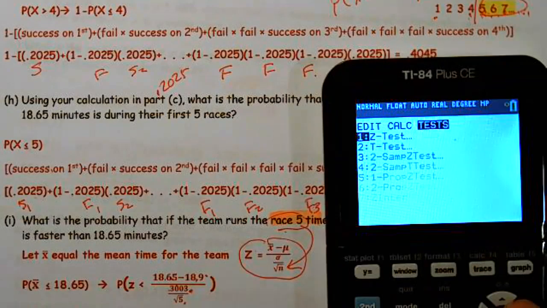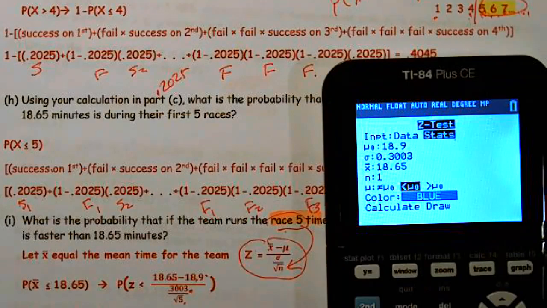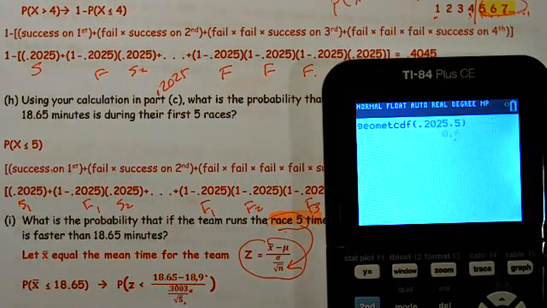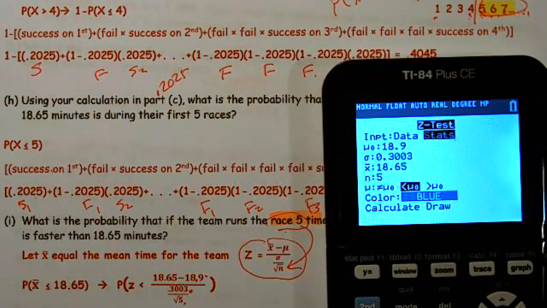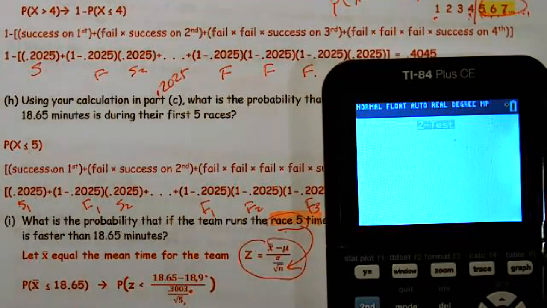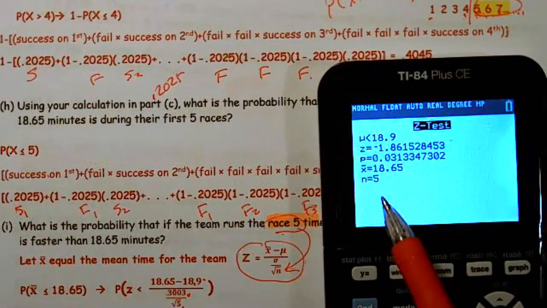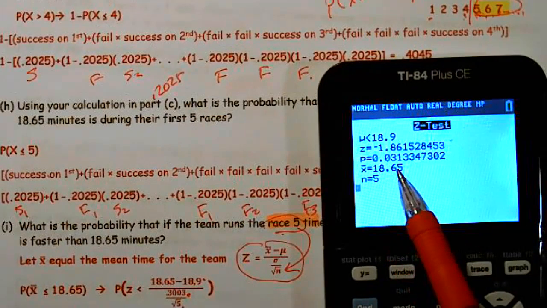So stats, test, z-test: 18.9 for the team mean, 0.3003 for the team standard deviation, 18.65 for the average of the team, and they're going to run it 5 times. When we do that, if you don't hit the button too many times, and I did, there's about a 3% chance.